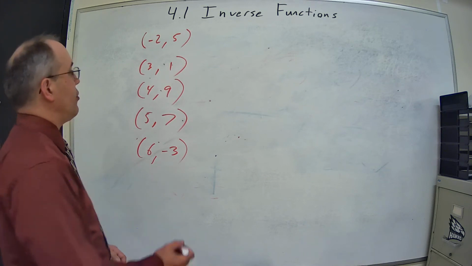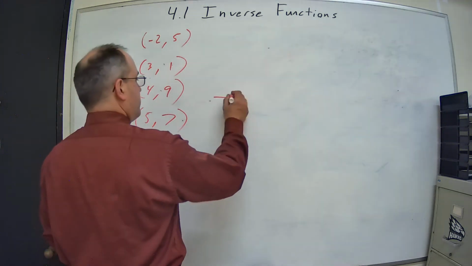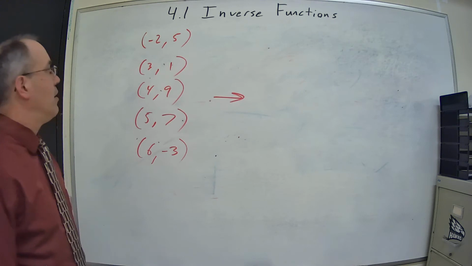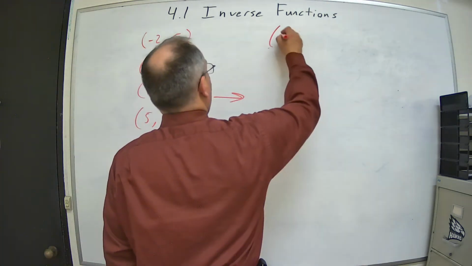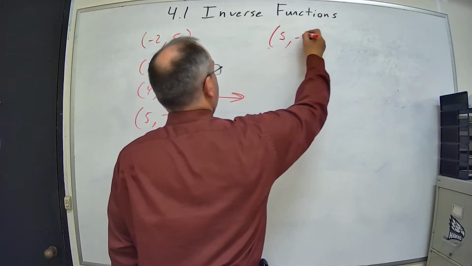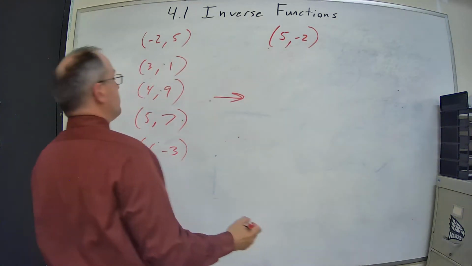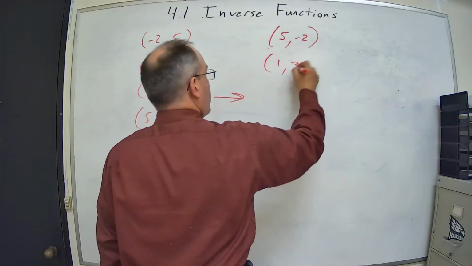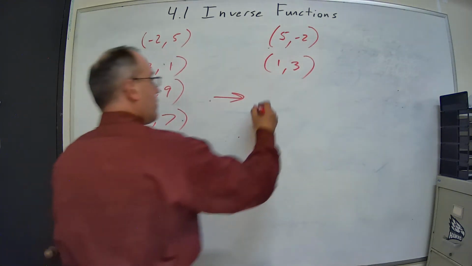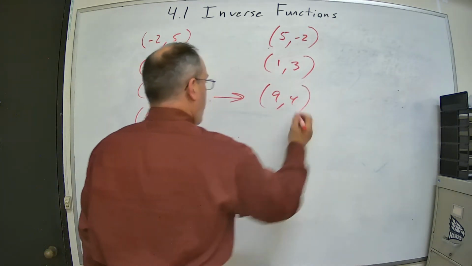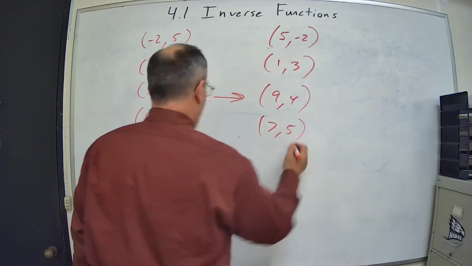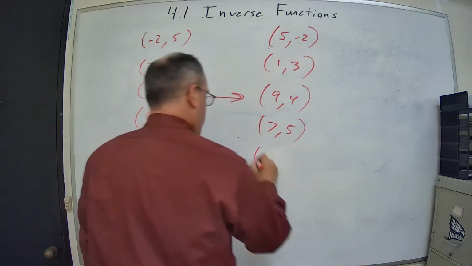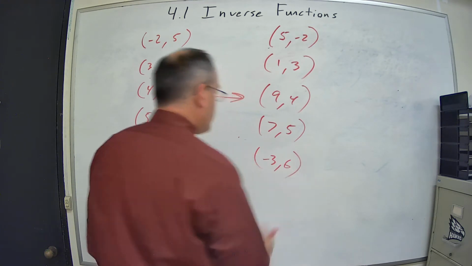So the inverse of this function, we just swap x and y. 5, -2. 1, 3. 9, 4. 7, 5. -3, 6.